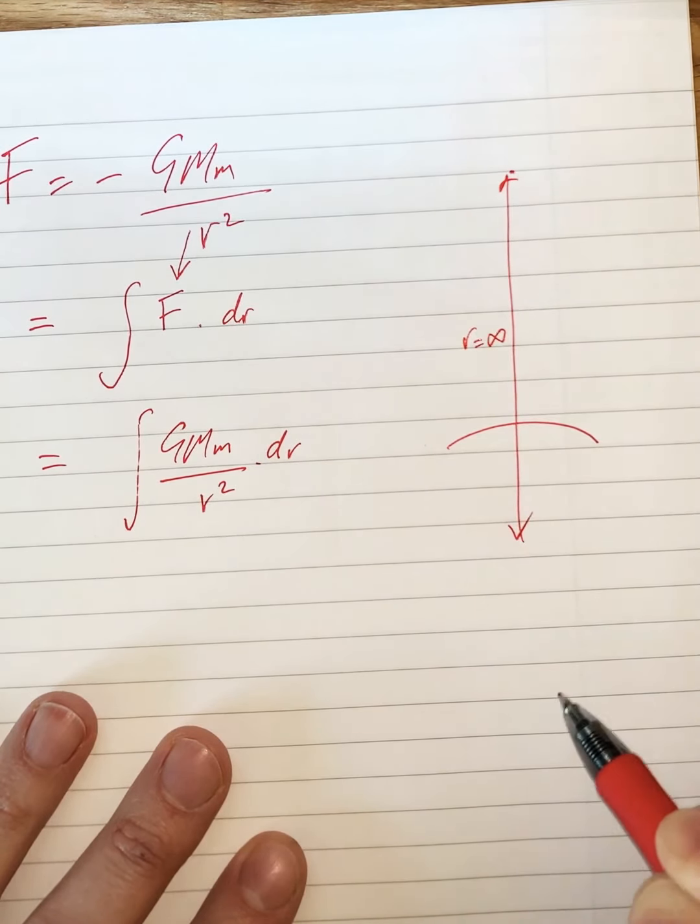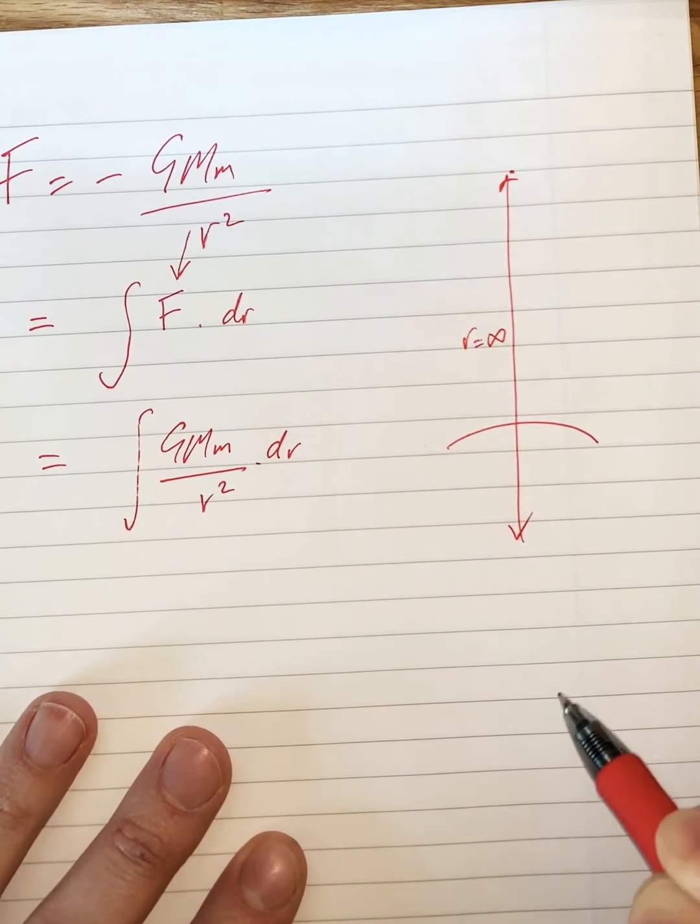So you're going from here at 0 potential down to some potential here. So what we're saying is that we're going from infinity to r.